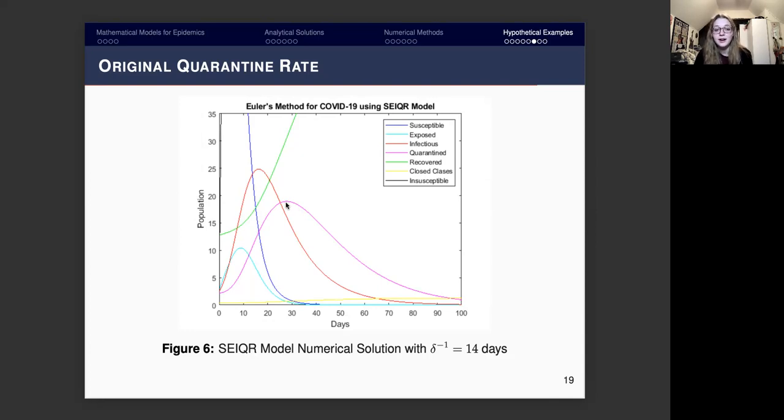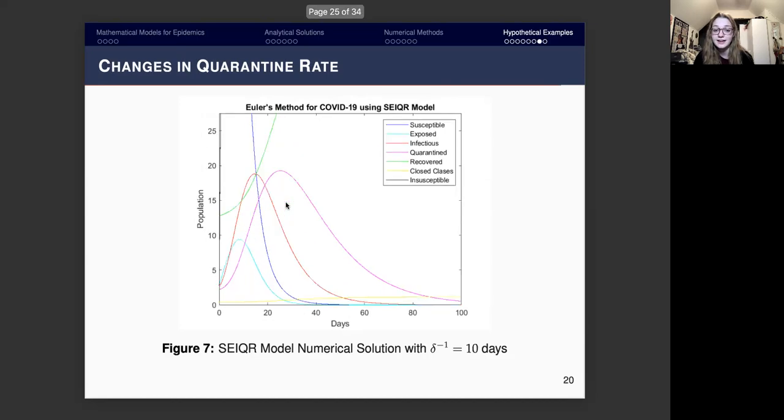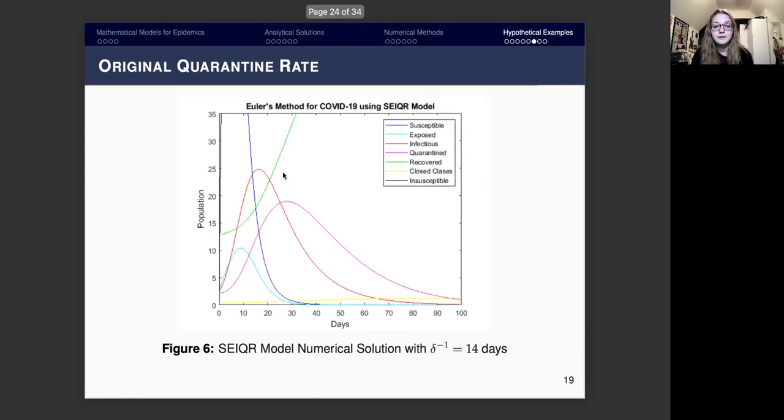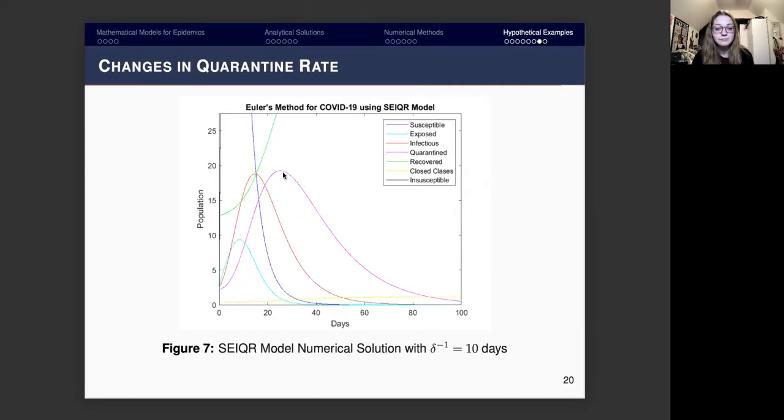In our next graph, we see that when we decrease the quarantine rate to just 10 days, the infectious and quarantine populations are almost equal peaks for these two different time frames. We see that the number of infectious people decreases to below 20 million, and our quarantine population is also about the same.